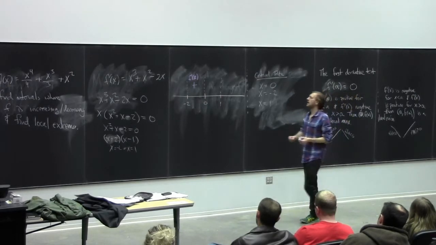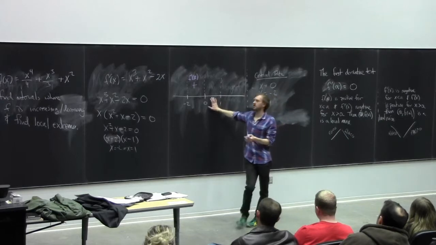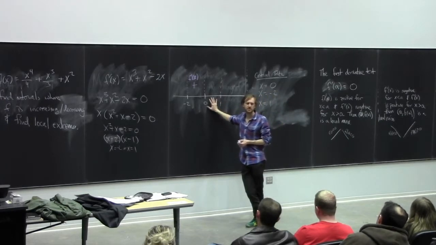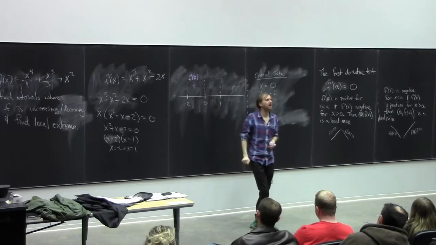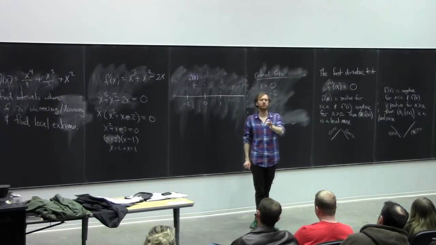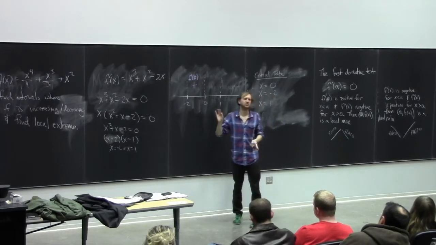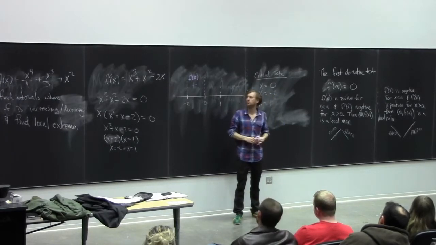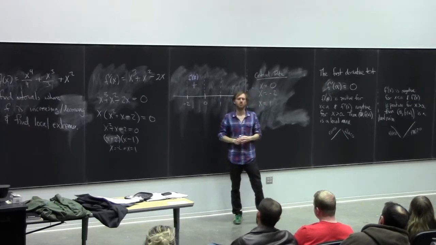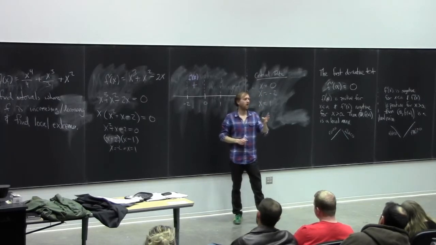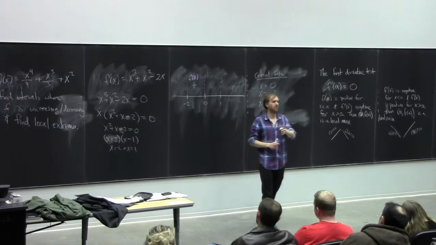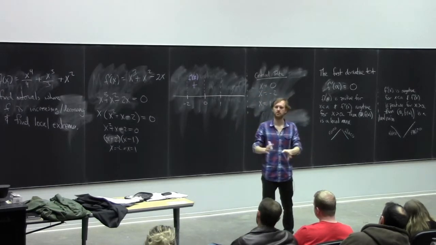Now let's think about this area right here. What's a number between 0 and 1 that's not too bad? 0.5. What's 1/2 cubed? 1/8. What's 1/2 squared? 1/4. 1/8 plus 1/4, is it bigger than or less than a half?